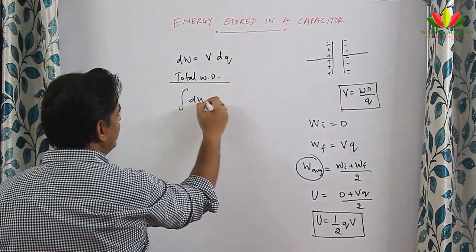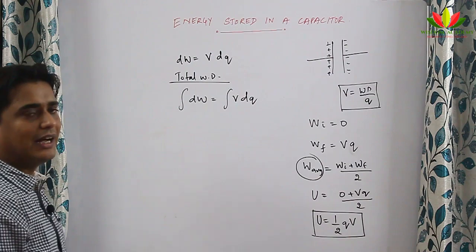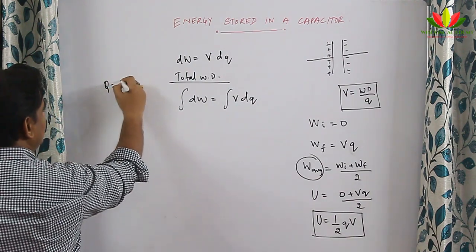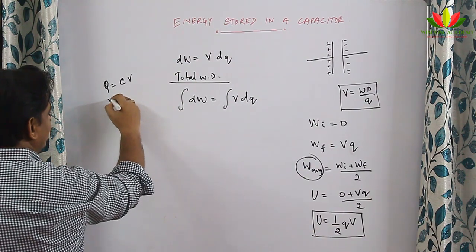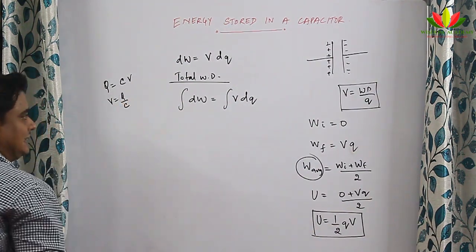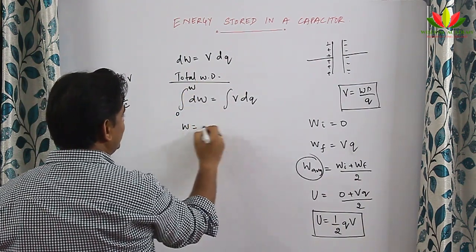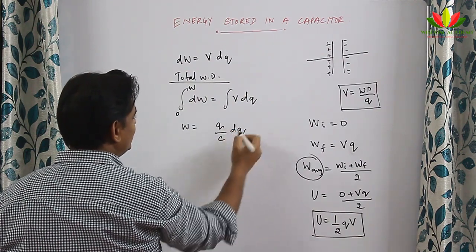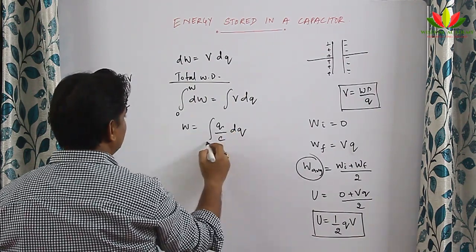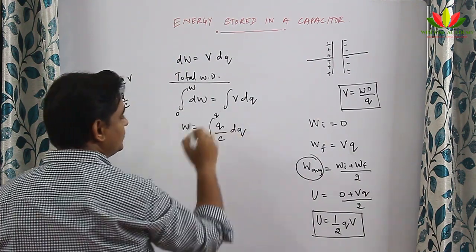So the integration of dW is equal to the integration of V into dQ. Now we know that Q is equal to C into V, so from here you can say that V is equal to Q by C. So I can write this 0 to W, so W is equal to, instead of V I am writing Q by C dQ, integration from 0 to Q.